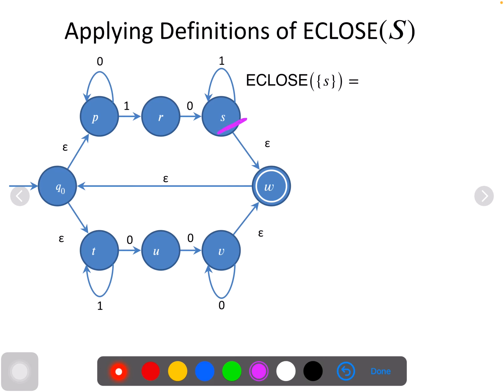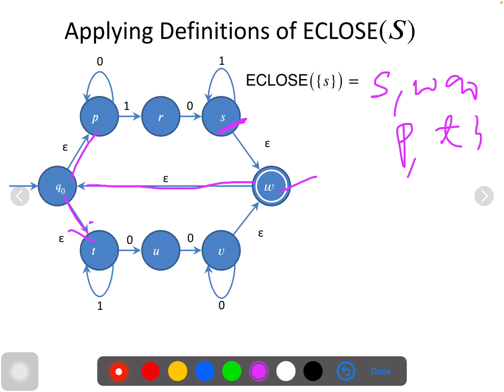E-closure of S: S, W. Then it also goes to Q naught, then Q naught also goes to P, then it goes to T, right?